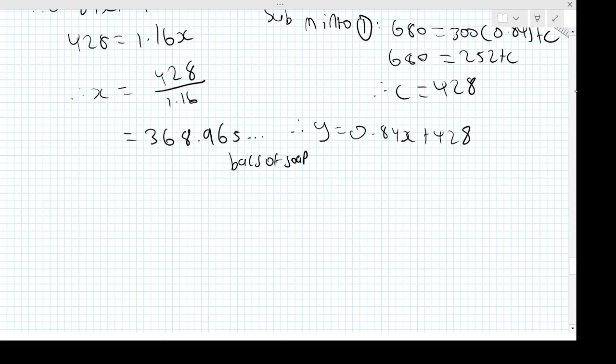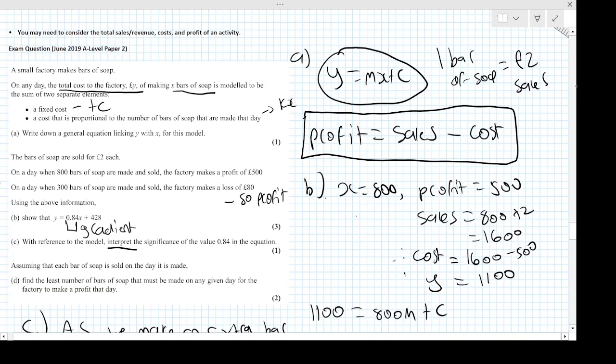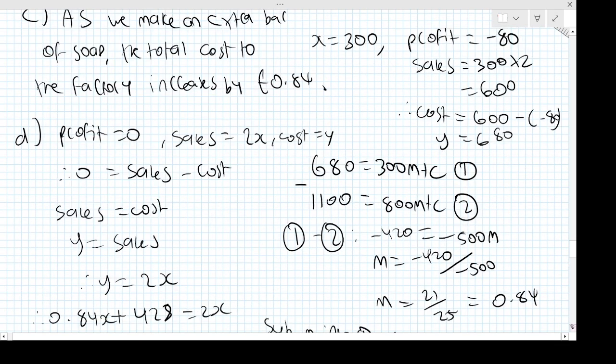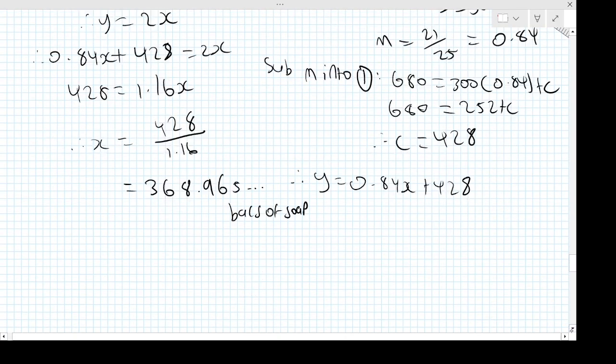However, what's the question saying? Find the least number of bars of soap. Well, that's the number of bars of soap where it makes zero profit. So that'd be the least number of bars of soap needed to make a profit, okay? But the only issue is, this is a nasty decimal. You can only have a whole number amount of bars of soap, right? So we're going to need to round it up.